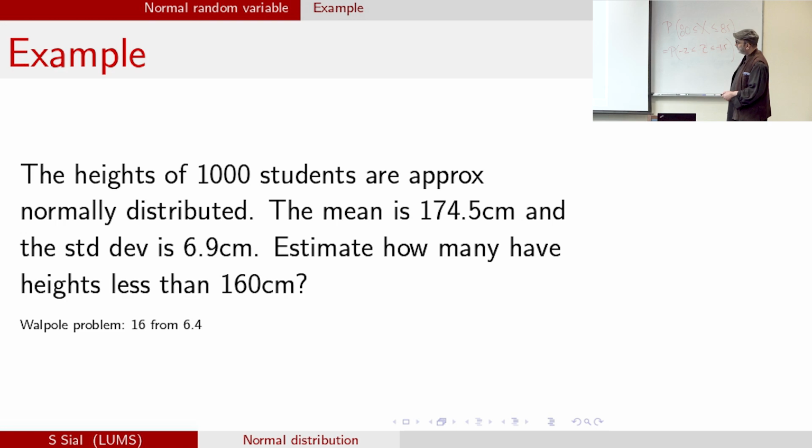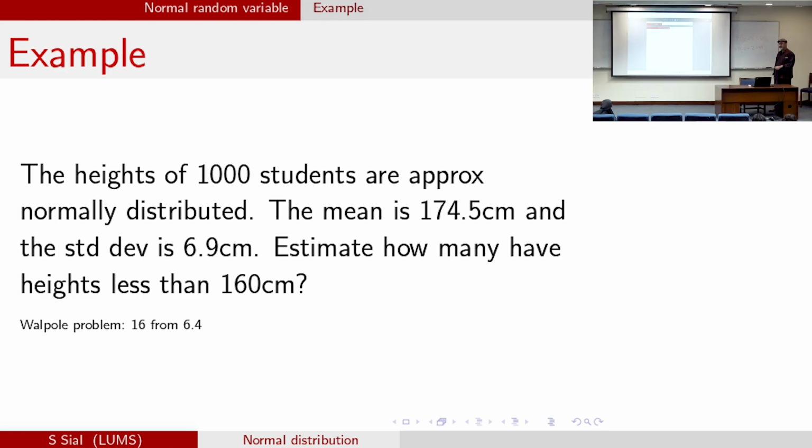Right, so you calculate the mean, and you say, okay, I'm going to suppose that the mean is a good approximation for the expectation of a normal distribution, right? And you calculate the standard deviation, okay? And we say, how many have heights less than 160 centimeters?